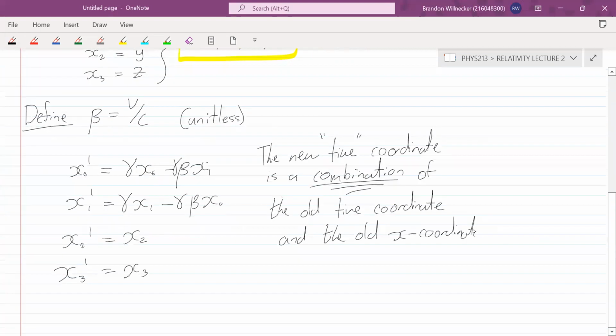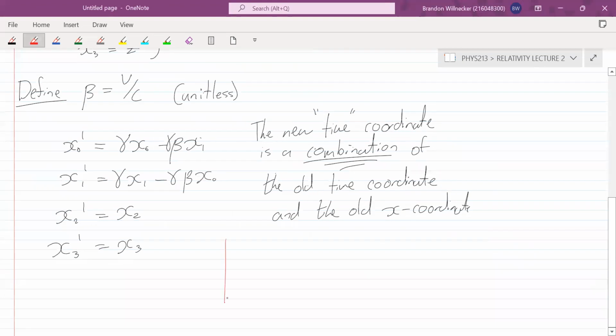The way we write this is, I've got my x and t. I'm just going to go back to x and t for this illustration. So that's your frame, and then my frame is x prime, t prime, and I am moving relative to you with speed v. And we know that v divided by c gives us our beta term.